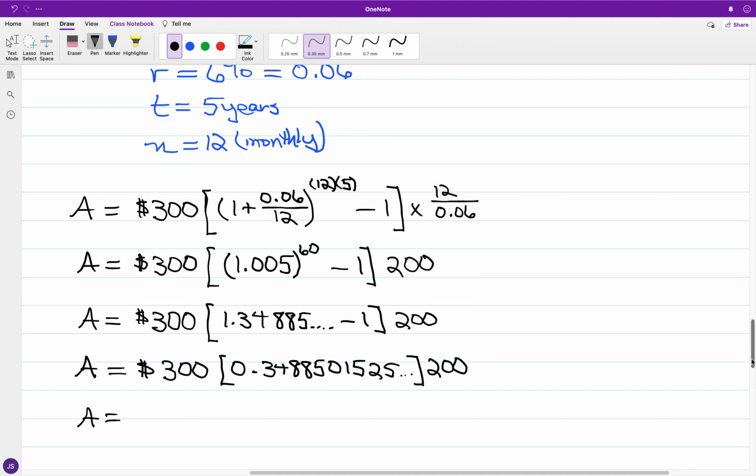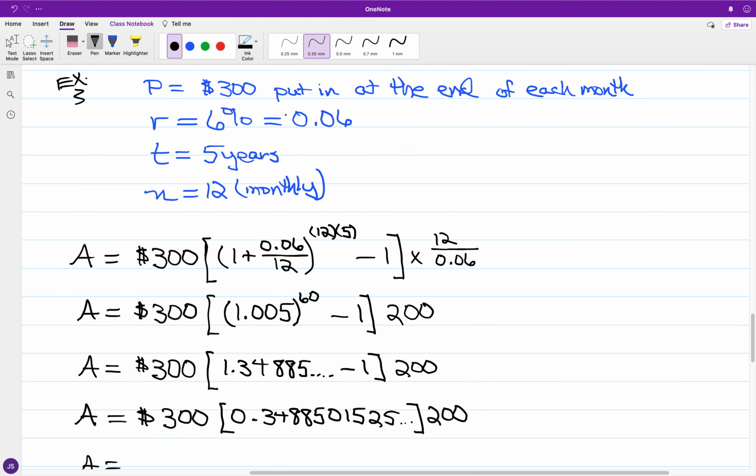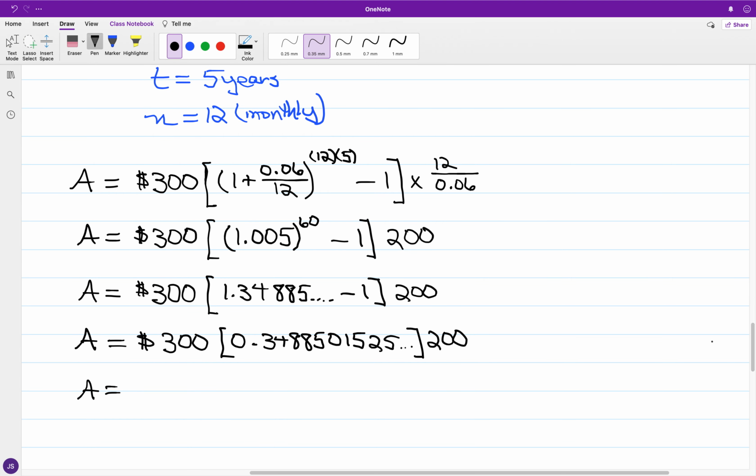Let me just mention the big picture. We have $300 at the end of each month for 5 years, so you're putting away $3,600 a year for 5 years. That's $18,000 worth of deposits, and the rest of the future value comes from the interest, which is compounded monthly at a rate of 6%.